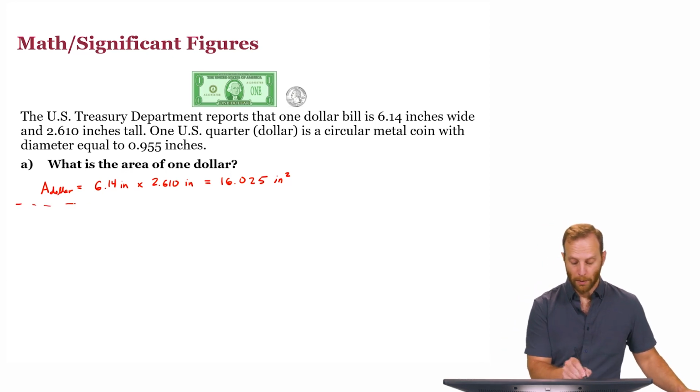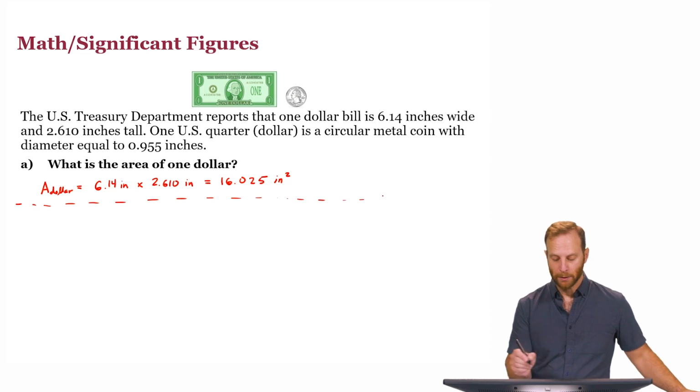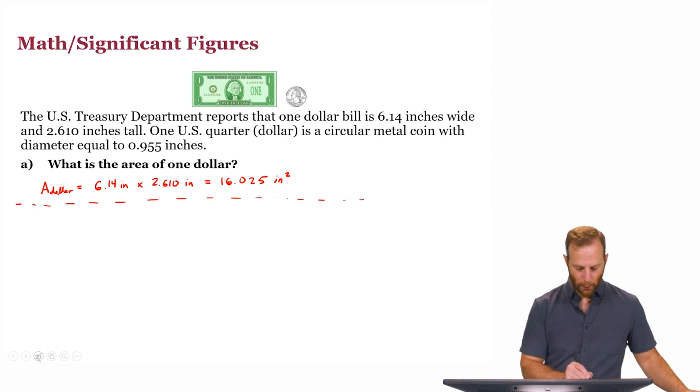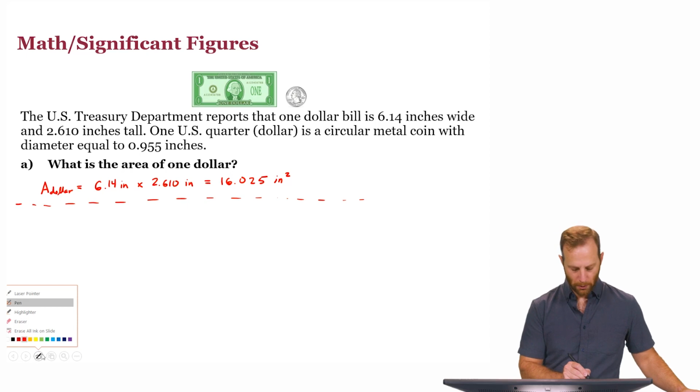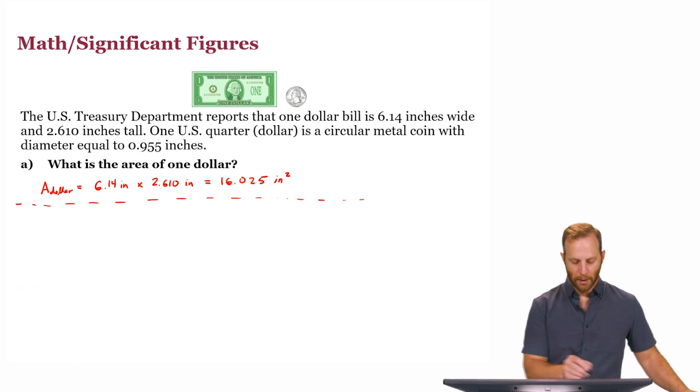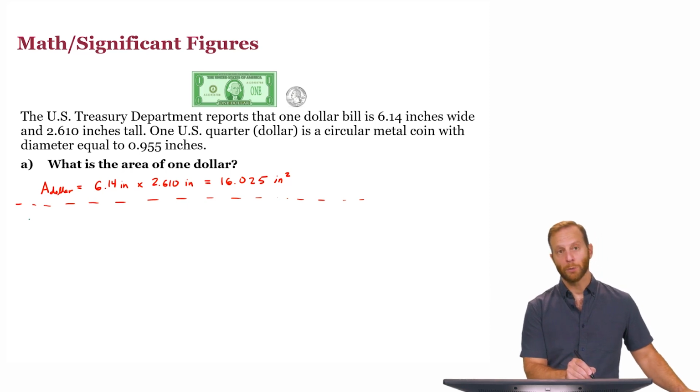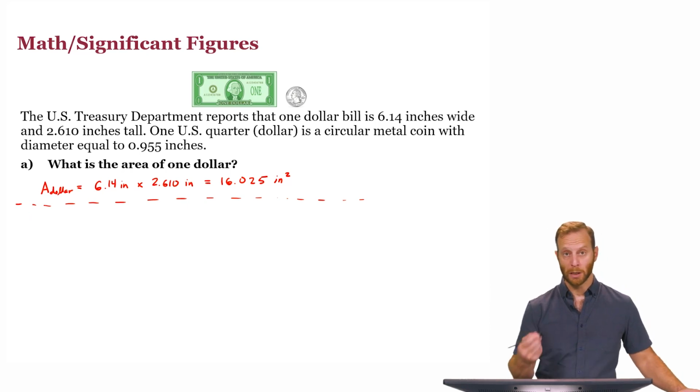The answer is no, and we can demonstrate that by considering an alternative scenario in which we knew the width of the dollar a little bit better. So, for example, let's imagine that the width was, instead of 6.14 inches, measured a little bit more precisely to be 6.144 inches.